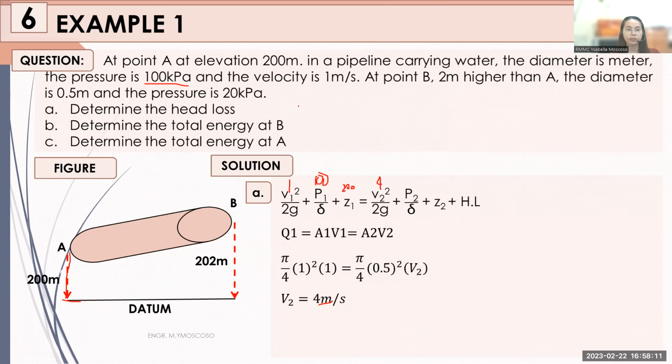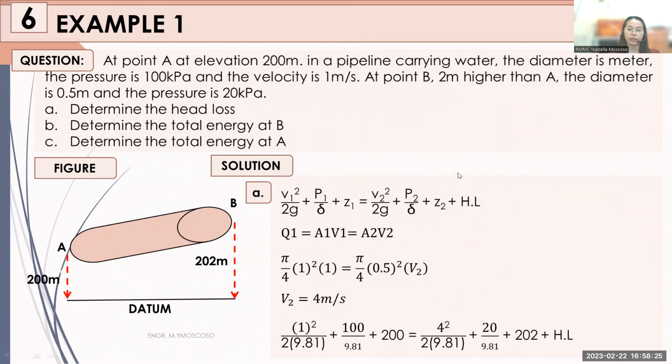Pressure at point 2, given, that is 20. Z sub 2, that is the elevation from the datum papunta sa point 2, therefore that is 202. Okay, so this is what your equation looks like. You will have one equation with one unknown, which is the head loss.